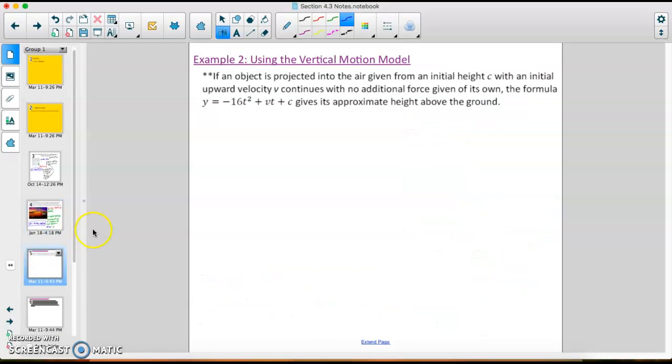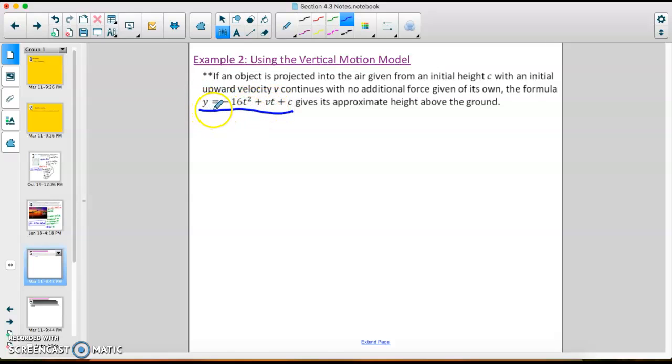All right, now we're going to head into some vertical motion. And anytime we have vertical motion, like if a projectile gets shot out of a cannon, or if a ball goes through the air, or whatever, we're going to use this equation. And c is the initial height, v is the upward velocity, and t would be time.